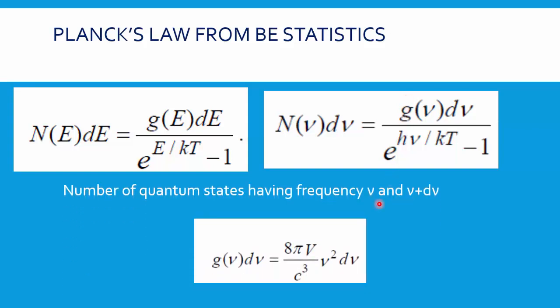Now we also know from the phase space lecture that the number of quantum states in frequency nu to nu plus d nu, that is g, is equal to 8 pi V by c cube nu squared d nu. This expression was derived and shown in the previous lecture on phase space. So I am going to substitute this value of the number of quantum states in this equation.